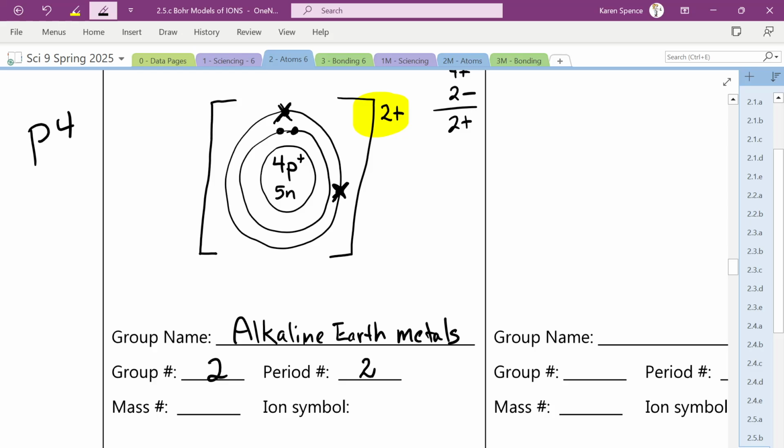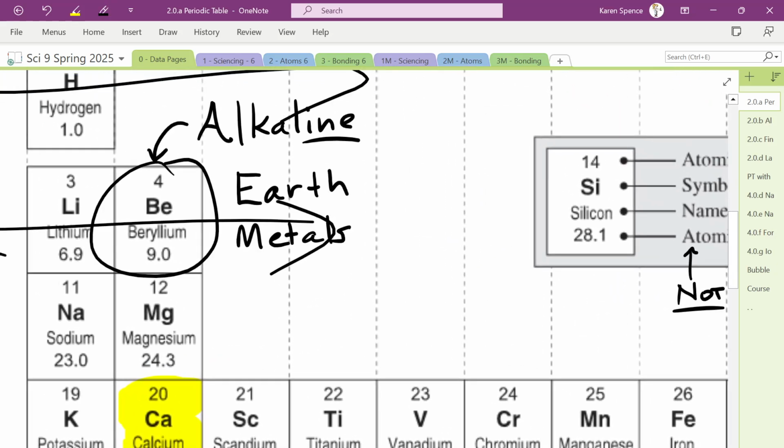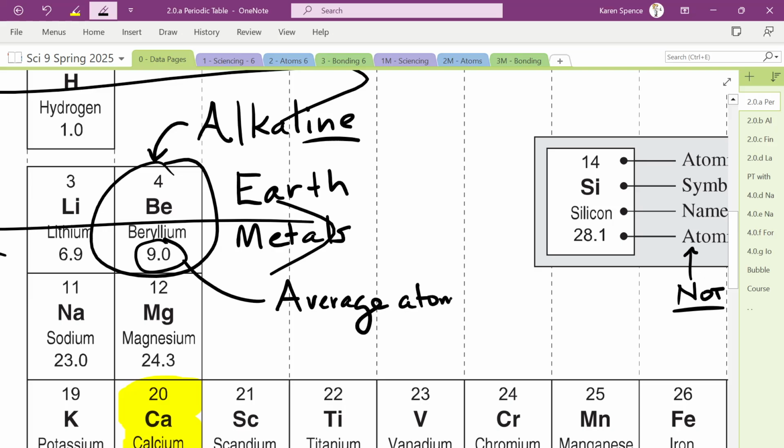Its mass number, now this is where you need to be careful. Its mass number is not 9.0. That, remember, is the atomic mass, the average atomic mass. That is not the mass number.